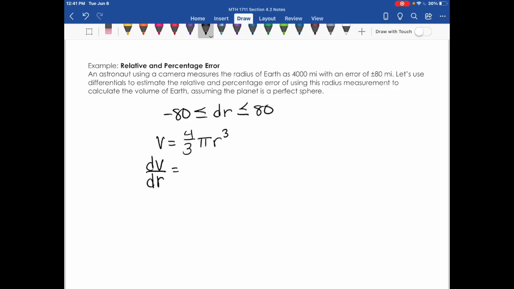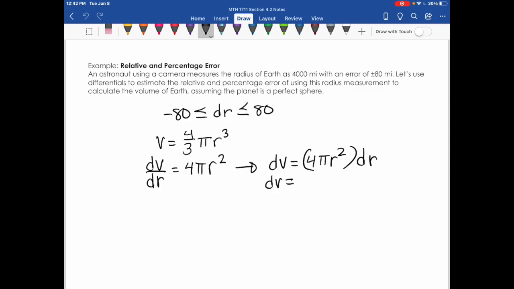I bring the 3 down in front. The 4/3 pi is a constant, so I bring the 3 down and multiply by 4/3 pi, and I get 4 pi r squared. I multiply both sides by dr, so I have that dV is equal to 4 pi r squared times dr.